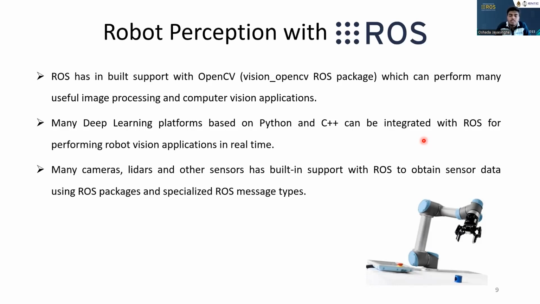The other important thing is cameras, LiDARs, and the many sensors that we use in robotic applications. Almost all commercially available sensors, cameras, LiDARs and so on have built-in support with ROS, and they have ROS packages which allow us to get their sensor information, as well as issue commands to control those sensors, and they usually have specialized ROS message types as well.